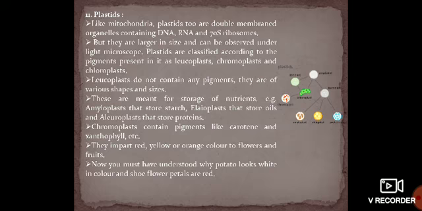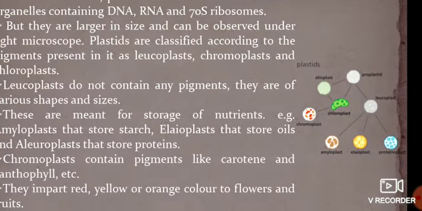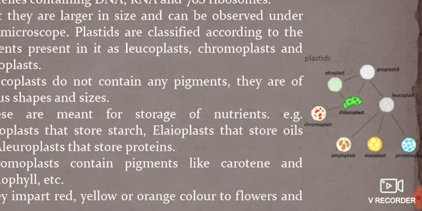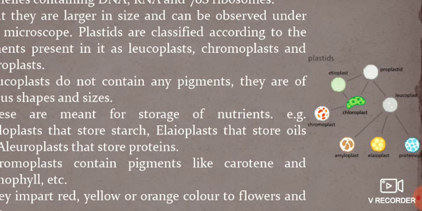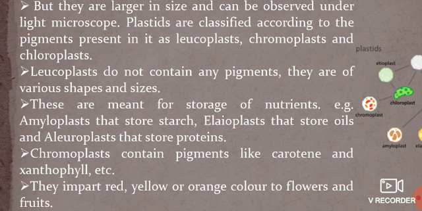chromoplast. So here, if I go sequentially, we have a flow chart showing that plastid is divided into leuco, chromo, and chloroplast. So first we will discuss leukoplast. Here leuco means colorless.